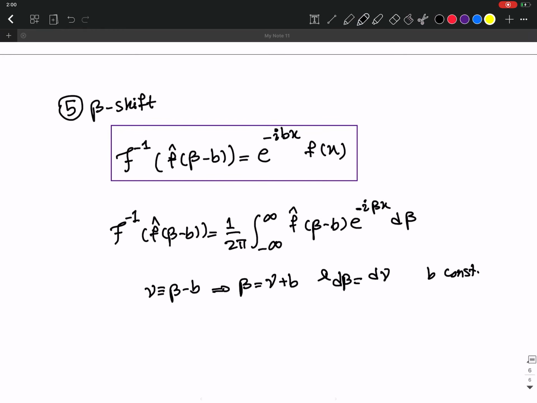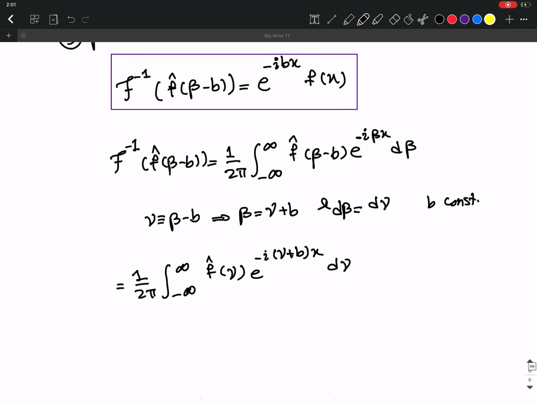So I'm just gonna substitute this into the integral that I have. So I'm gonna get 1 over 2 pi, the integral from minus infinity to infinity of f hat nu times e to the minus i (nu plus b) x d nu instead of d beta, right?